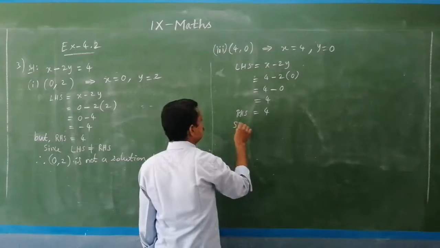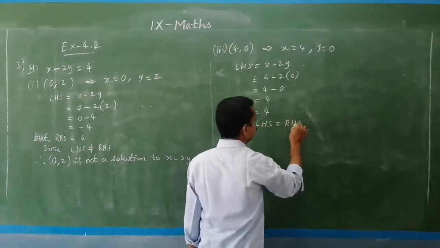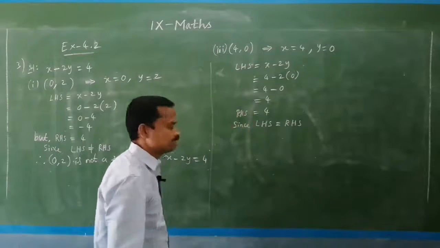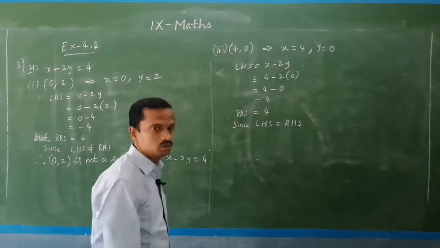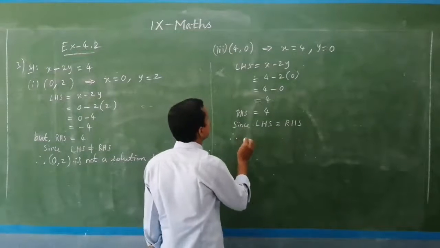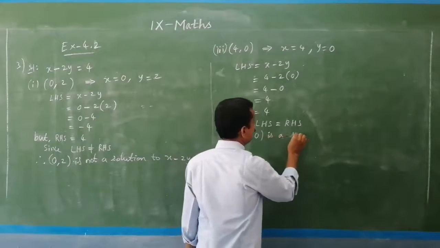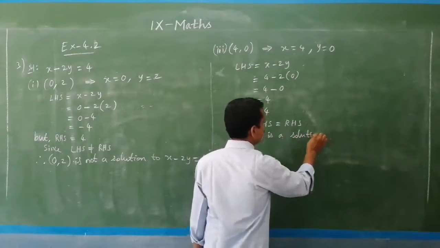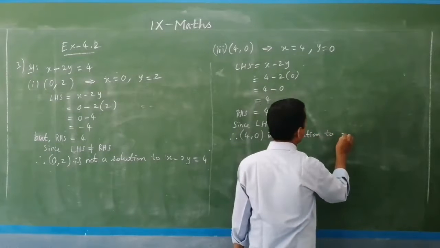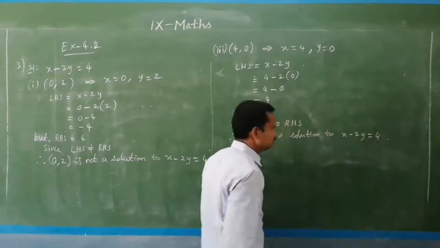So, since LHS equal to RHS, both are equal. So, the point 4 comma 0 satisfies the equation. Hence, we can say 4 comma 0 is a solution to x minus 2y equal to 4.